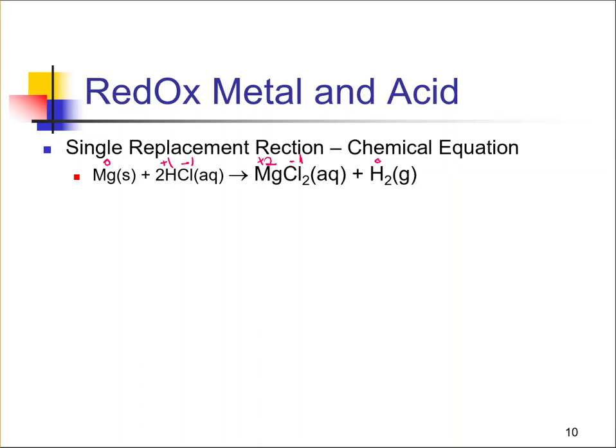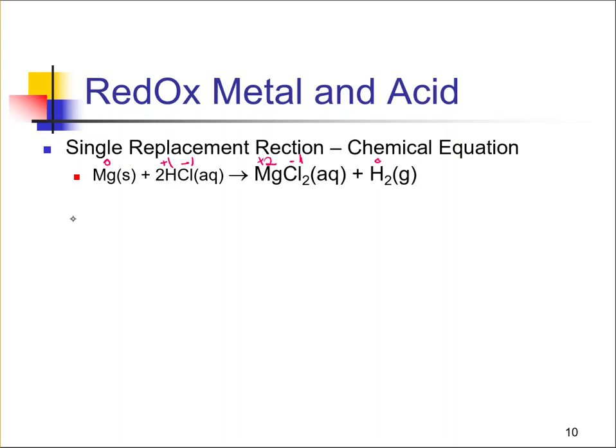Now, here the only elements that are changing oxidation numbers are magnesium and hydrogen. So this is a redox reaction because I see the change in oxidation numbers, and the ones that are changing are magnesium and hydrogen. So what I can do is write the net ionic equation and just focus on it.